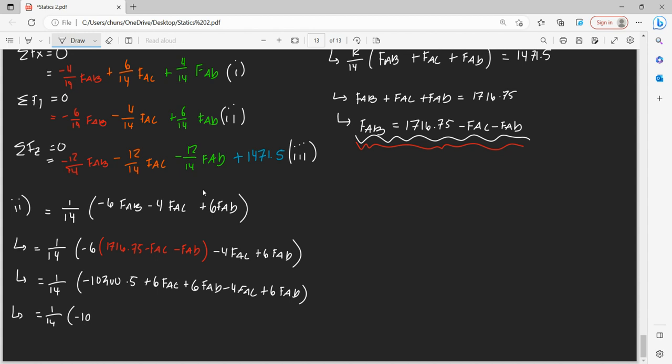Okay, so that's negative 0. We can add our FAC terms together, so that's plus 2 FAC. And then combining our FAD terms, that's plus 12 FAD.